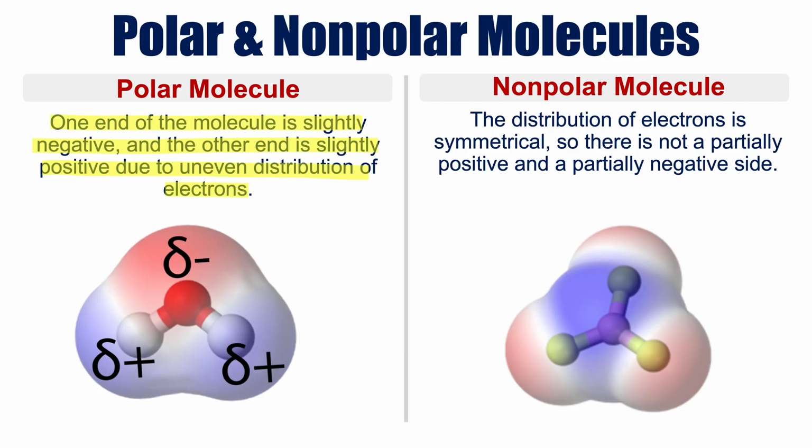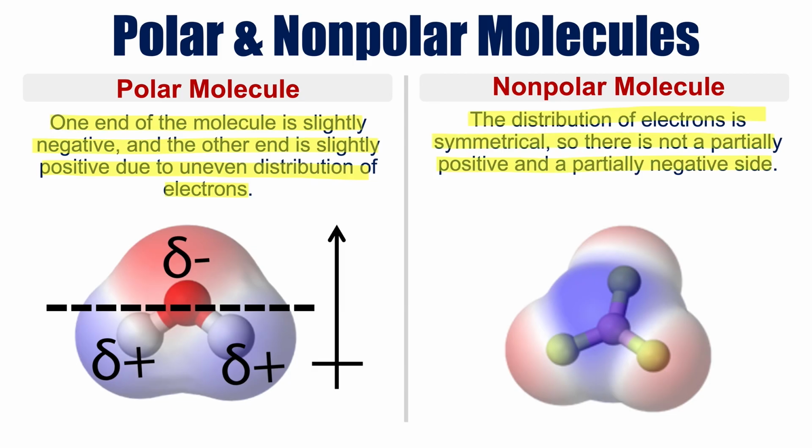There ends up being an overall net dipole to the molecule, where one end is partially positive and the other is partially negative due to that uneven distribution of electrons. In a nonpolar molecule, the electrons are equally or symmetrically distributed throughout, so there is no overall net dipole. There isn't a partial negative or partial positive side to the molecule.